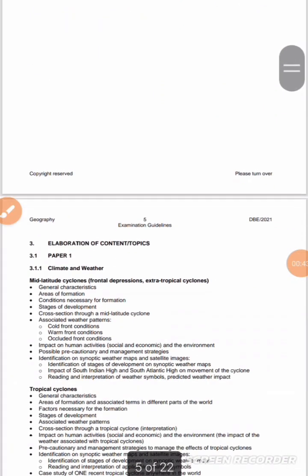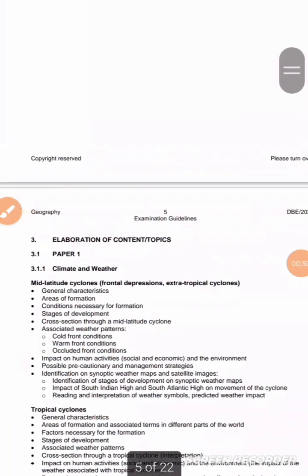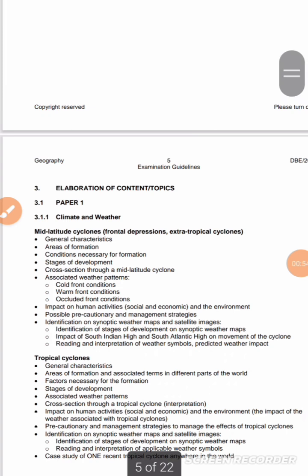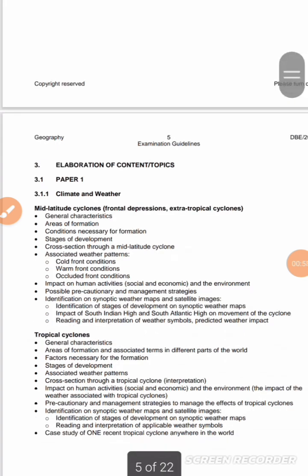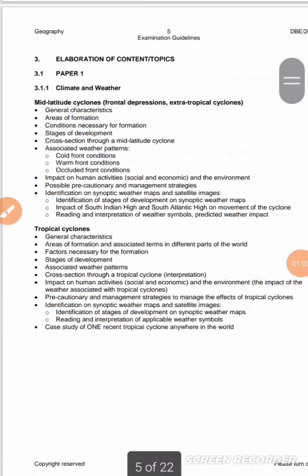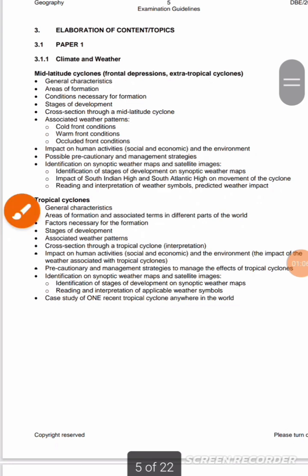So the first topic in geography grade 12 is mid-latitude cyclone, its climate and weather. Under climate and weather, we have two cyclones, which are mid-latitude cyclone and tropical cyclone.